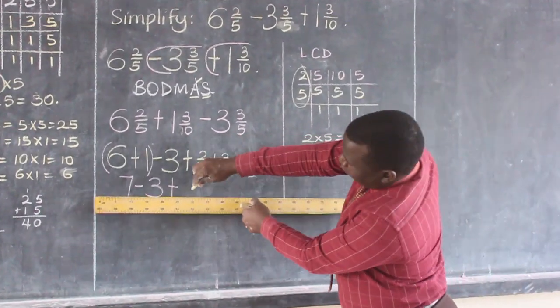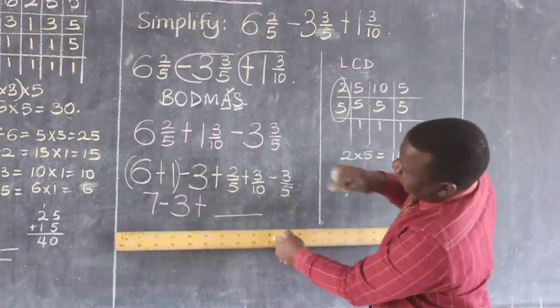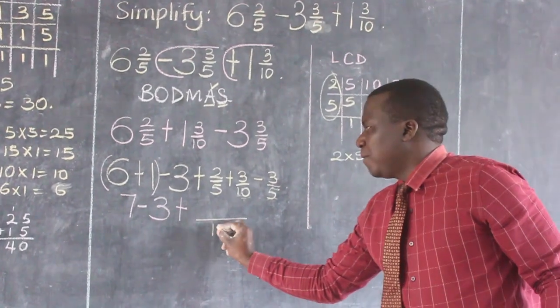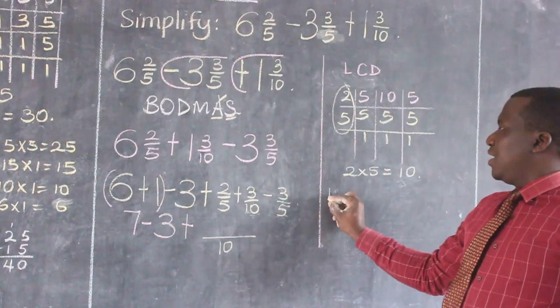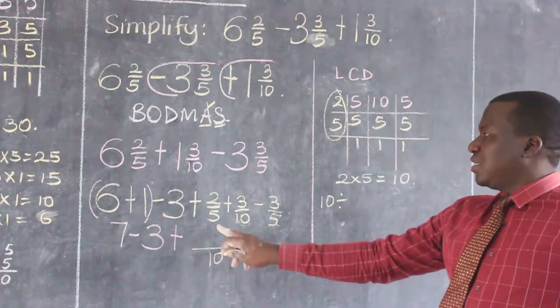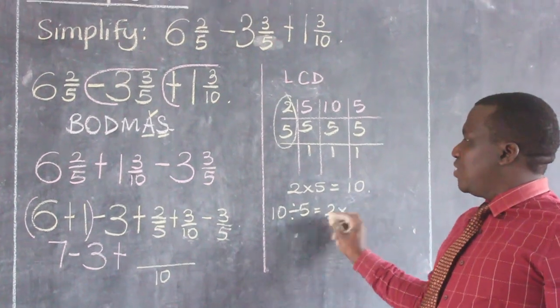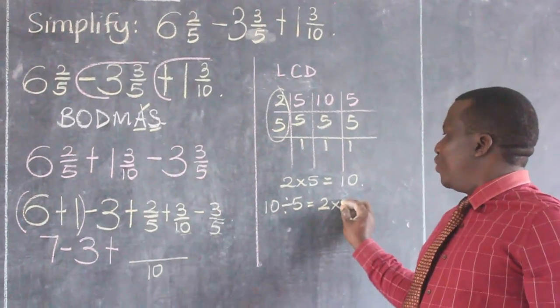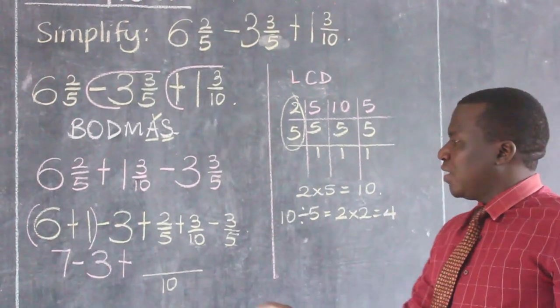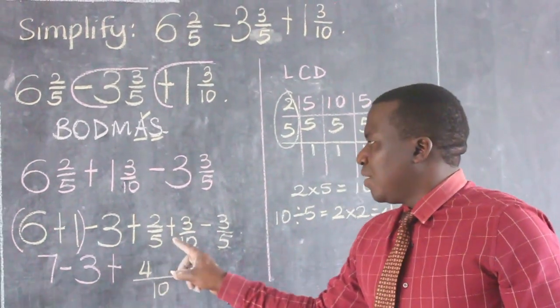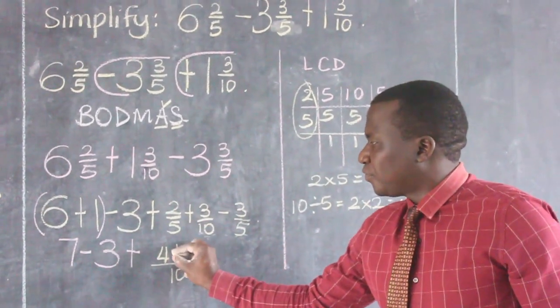So you are going to draw a quotient line here. Okay, put that 10. Now this 10 is going to be divided by this first denominator 5, which gives us 2, times the numerator 2, which gives us 4. Bring the 4 here, bring your addition sign.